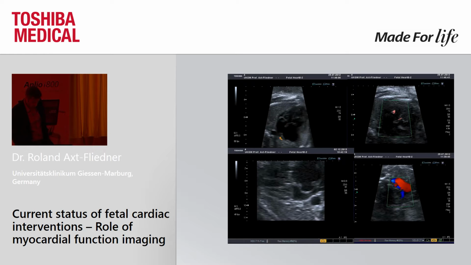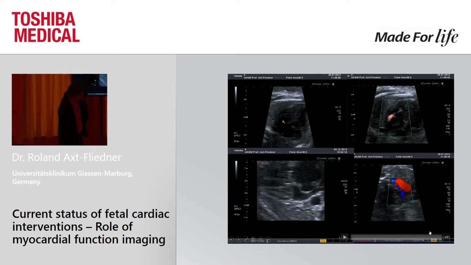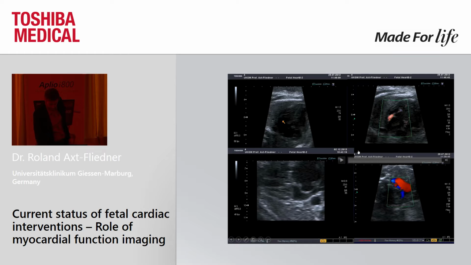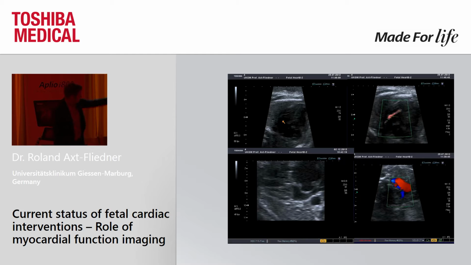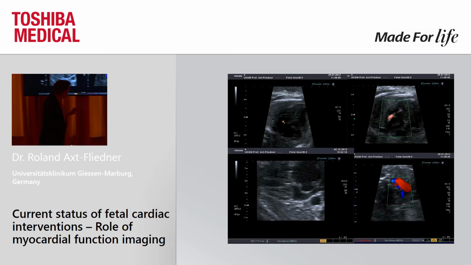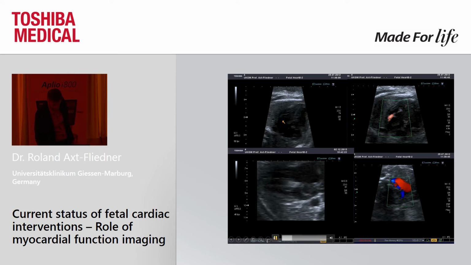And this is another case where this speckle tracking tool might be of interest, because here you see again what is called foramen ovale aneurysm, where the foramen ovale is bulging into the left atrium, and the left ventricular inflow is deviated by this foramen ovale. This is the left ventricular inflow, and this is a very small inflow via a small mitral valve.